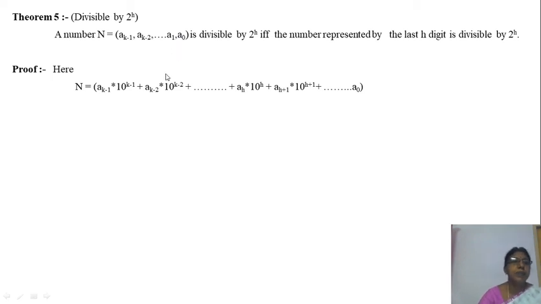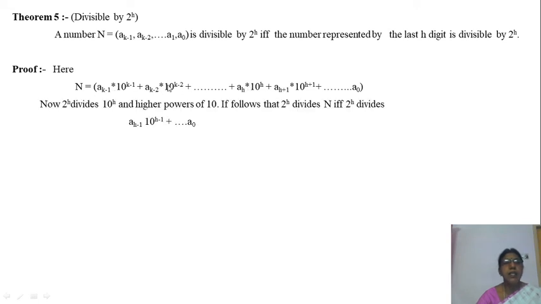So here n can be written in decimal form like this. I think all of you know it; I explained it in the first theorem. Now 2 power h divides 10 power h and higher powers of 10.